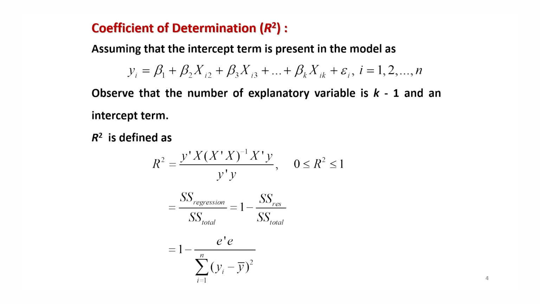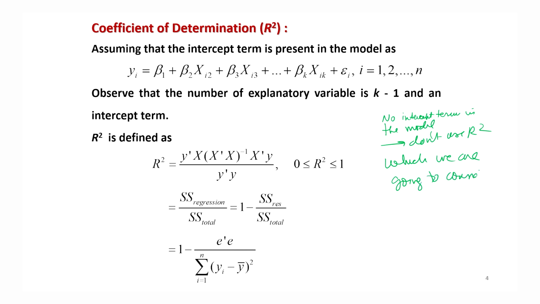In this case we are going to consider a model with an intercept term. This is the prime condition. If there is no intercept term in the model, remember, don't use the R square which we are going to consider here.